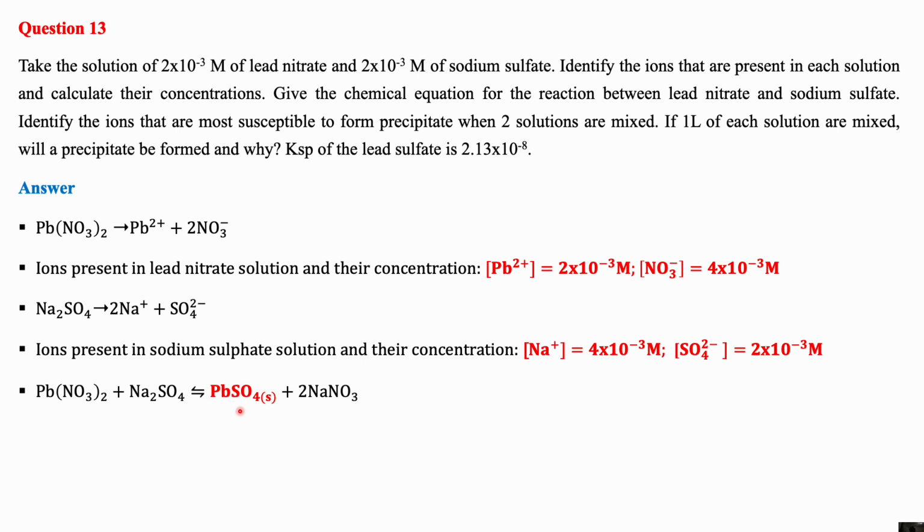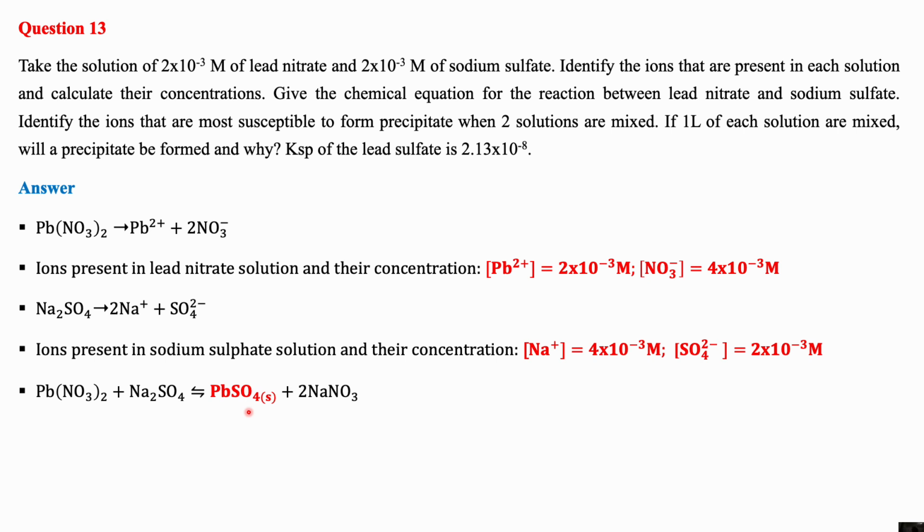Then they are saying if 1 liter of each solution is mixed, will a precipitate be formed? So they are giving the Ksp of lead sulfate. That means we need to determine the concentration of lead before mixing and the concentration of sulfate before mixing, so that we can calculate the ionic product.